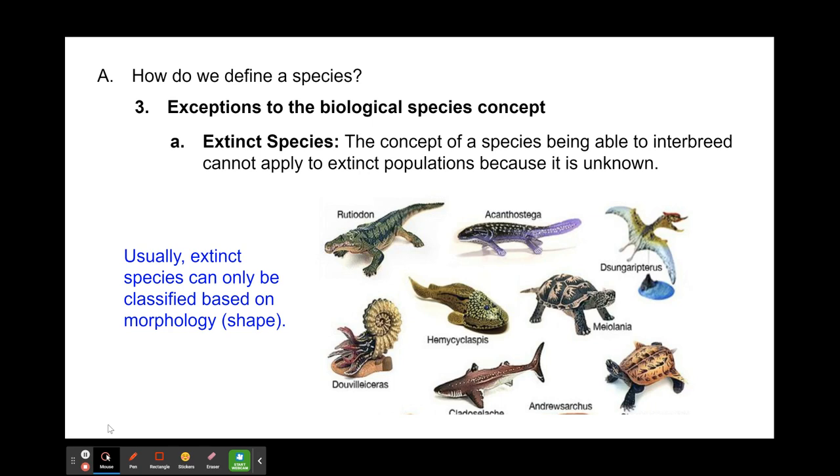Now, there are exceptions to the biological species concept if we accept that as our definition of a species. What about extinct species? We can't see them mate. Instead, in this circumstance, we have to define species using the morphological species concept to distinguish if fossils belong to an existing species or if they're considered their own.